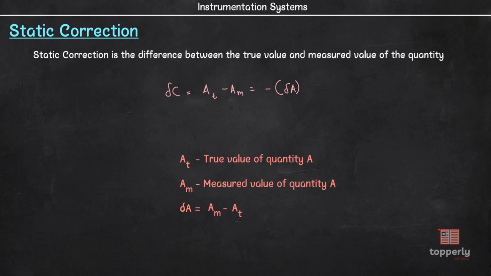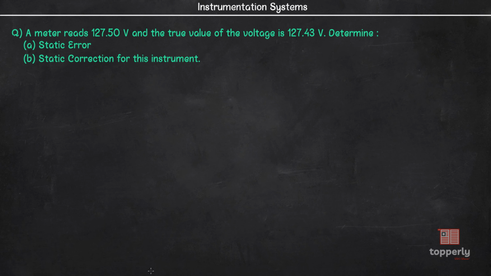Let us now see an example on static error and static correction. A meter reads 127.50 volt and the true value of the voltage is 127.43 volt. Determine static error and static correction for this measurement. So first let us write down the given values. Here the meter reads 127.50 volts.